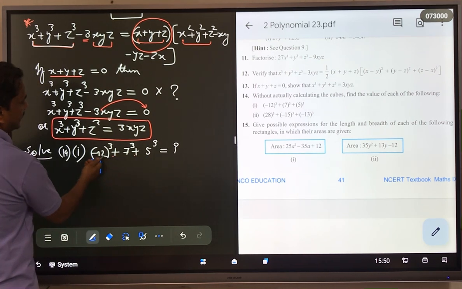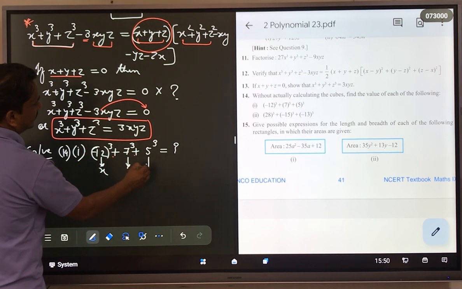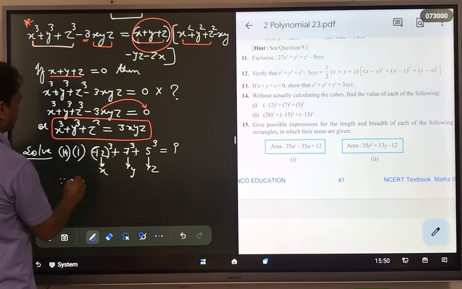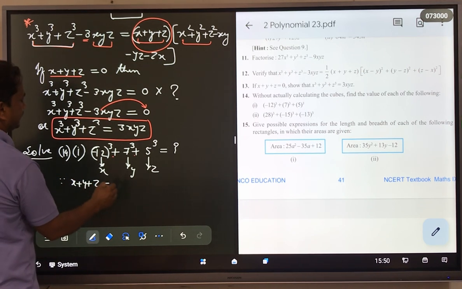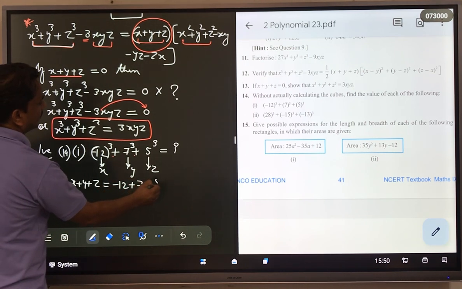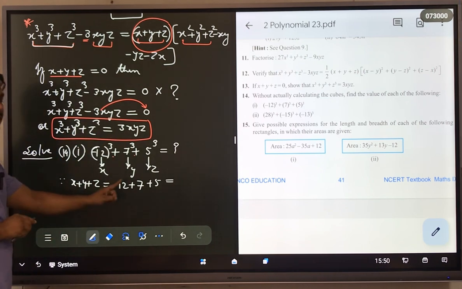Suppose minus 12 is the first quantity x, 7 is y, and 5 is z. So let x plus y plus z is equal to minus 12 plus 7 plus 5. This identity will be used whenever this condition is achieved.